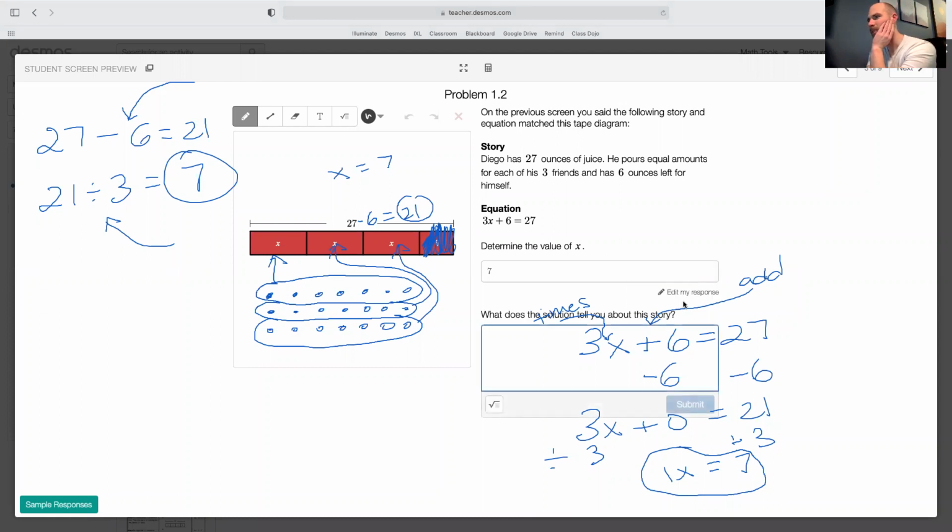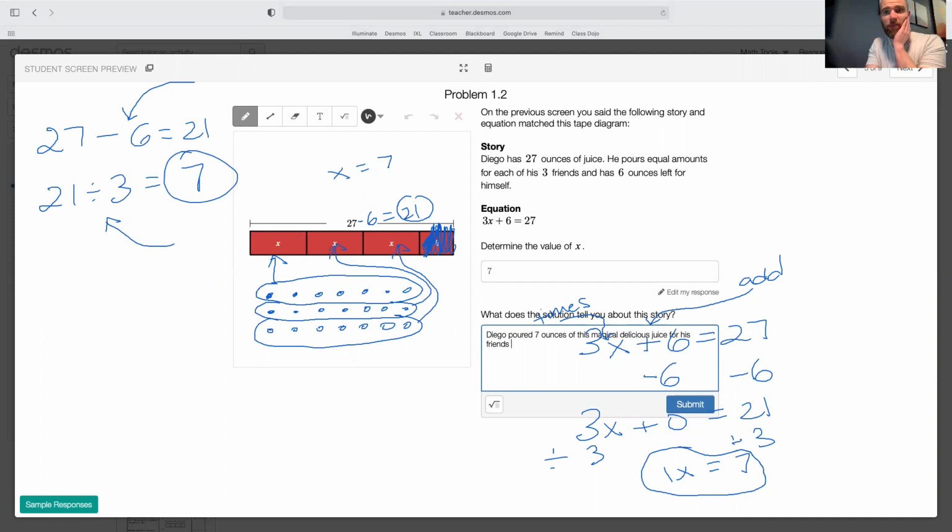What does the solution tell you about this story? So anytime you get asked a question in words, it's always good practice to answer it in words because it shows you understand what your solution means, right? We got 7. 7 is the answer. 7 is the solution. What does it mean? It means Diego poured 7 ounces of this magical, delicious juice for his friends.